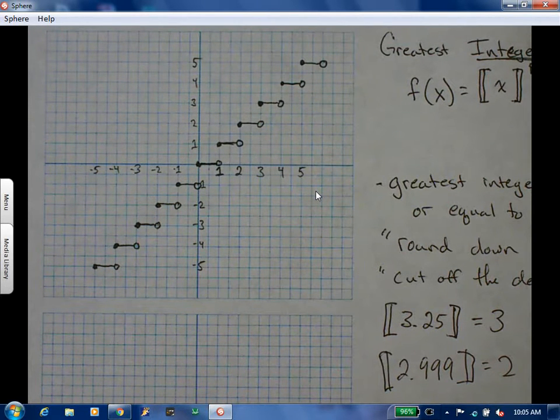There you go. You just drew your first greatest integer function, or your step function.